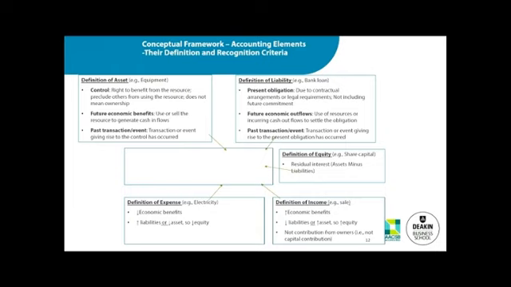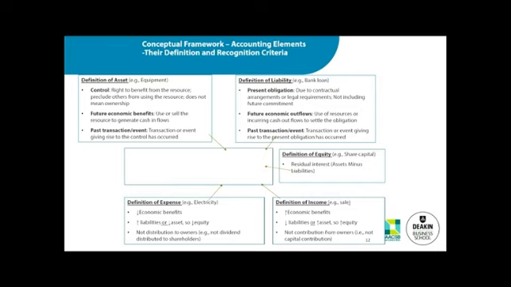Therefore, that would result in decreases in owners' equity or decreases in retained profit when we pay for the expenses. However, we have an exception for the expenses according to this definition, and that is when we pay dividends. Dividends is not an expense. Dividends is a payment out of owner's equity, so it cannot be treated as an expense.